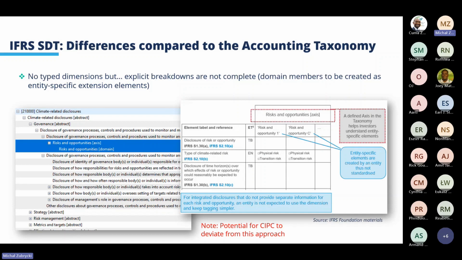Hence, we are also asking this question as the CIPC, because the route that we will take will actually impact how the software will need to be updated and how the filers will initially understand how to tag the information. So depending on how we understand non-filers as a regulator, as a software vendor, there will probably be different considerations needed. So yeah, that's the case.